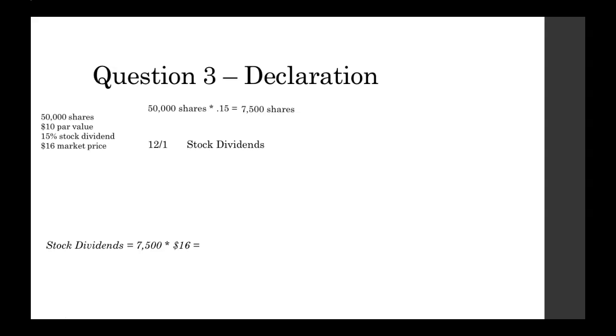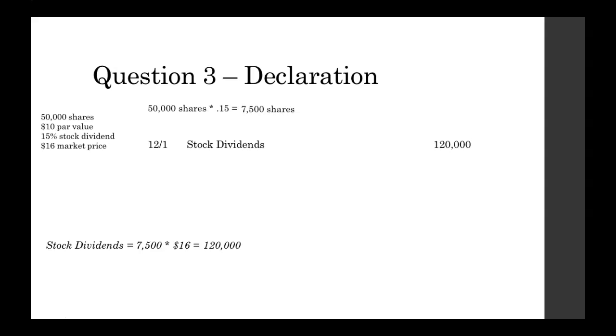That 7,500 that we had to calculate, and we multiply it by its market price. So we take that 7,500 times $16, and we get an amount for stock dividends of $120,000. That's the total market value of this dividend that we're handing out. So that's what we debit.